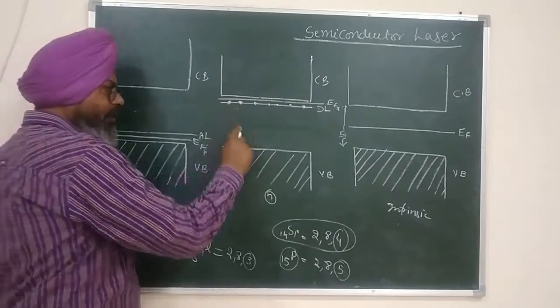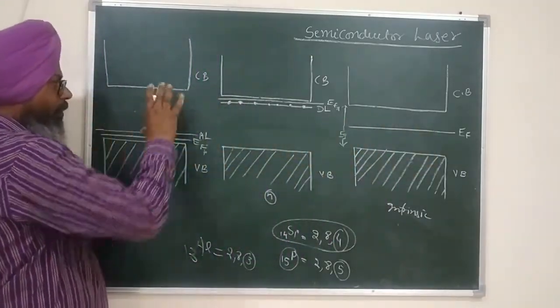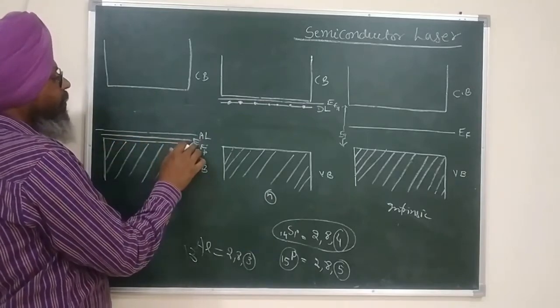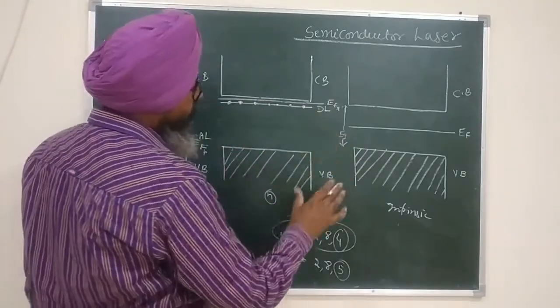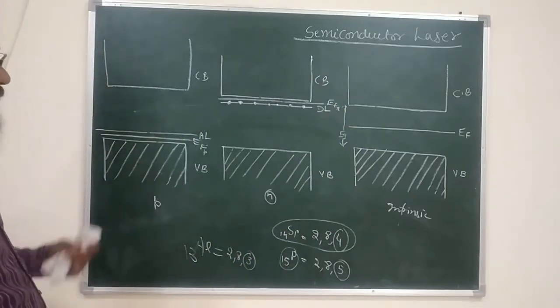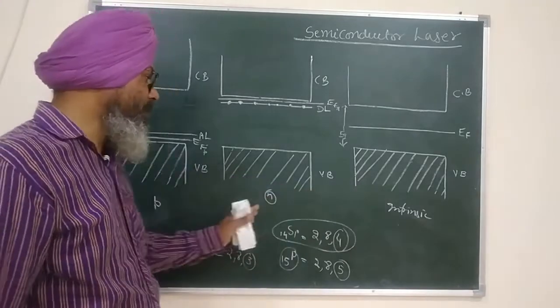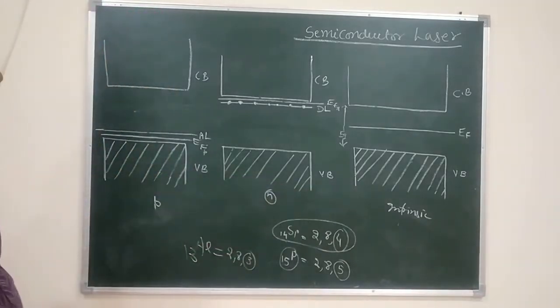But in all these three, this Fermi level lies somewhere in the energy gap. So such type of semiconductor in which Fermi level lies in the energy gap of the semiconductor is called non-degenerate semiconductor. So all these three examples are of non-degenerate semiconductors.